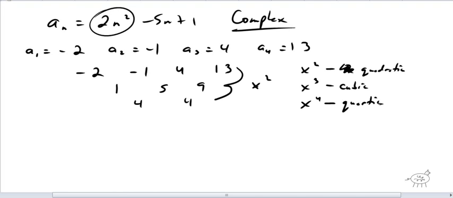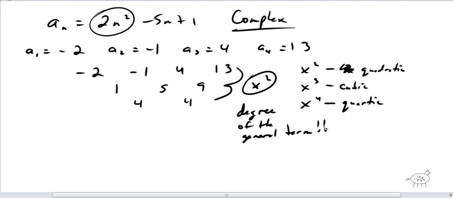So anyway, it's kind of interesting that if I analyze this a little bit, I can actually tell what the degree is, so this basically tells me the degree of the general term. Okay, and that's important.